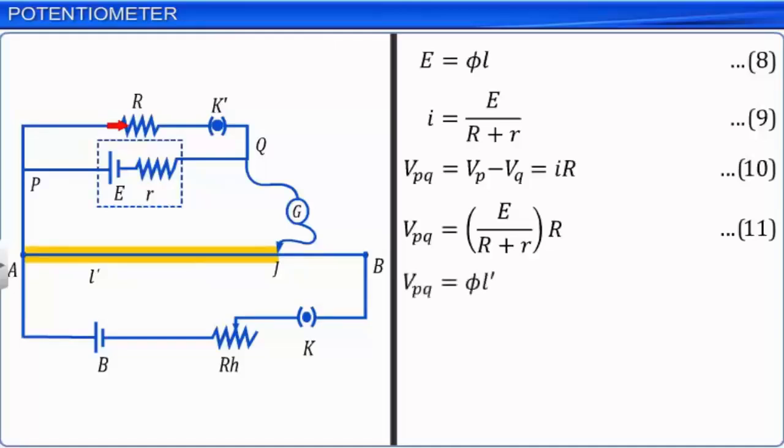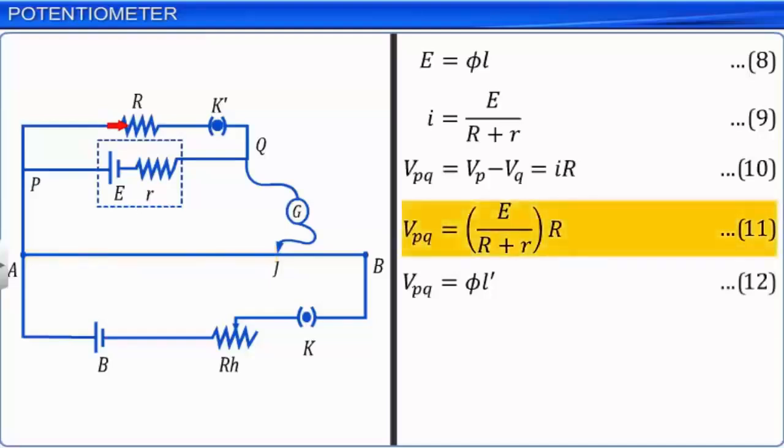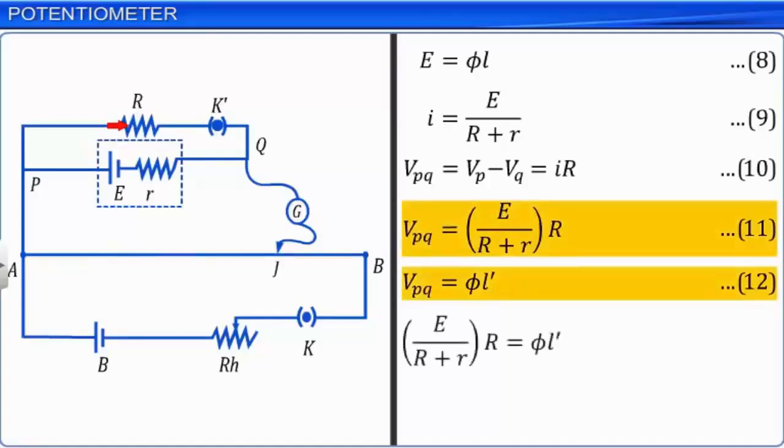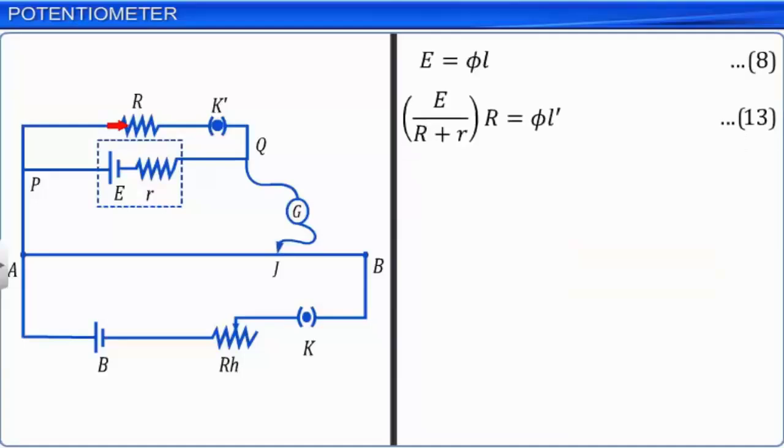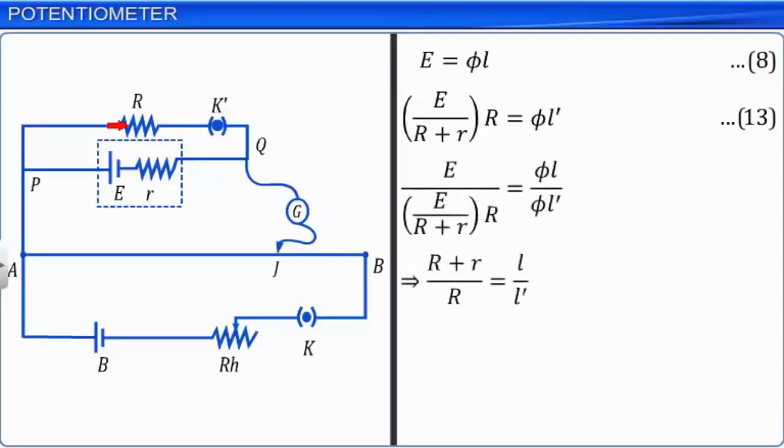From equations 11 and 12, we get E by R plus r into R is equal to phi L'. Let this be equation 13. Dividing equation 8 by equation 13 and simplifying, we get the internal resistance of the cell, r is equal to R into (L minus L') by L'.